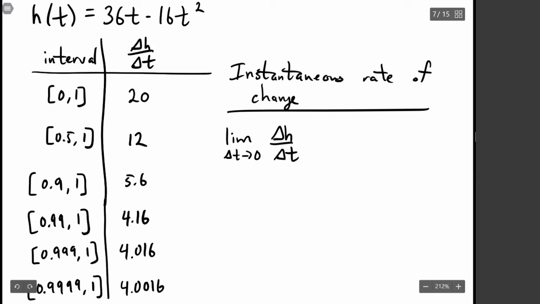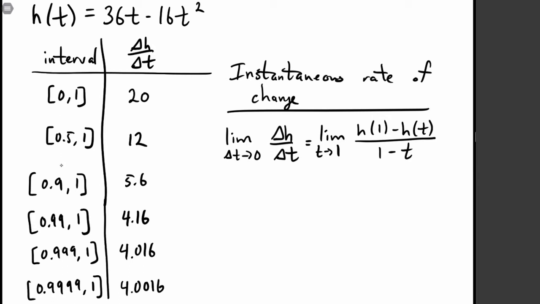This is what we want to do. So delta t is the difference between the left and right numbers here, right? We're shrinking that down. This limit, the way we compute it, is h of 1 minus h of, let's call it t, over 1 minus t. And here it's the limit as t is approaching 1.